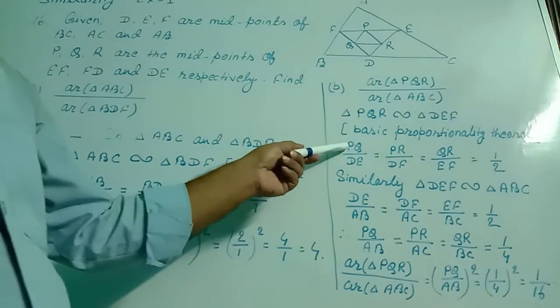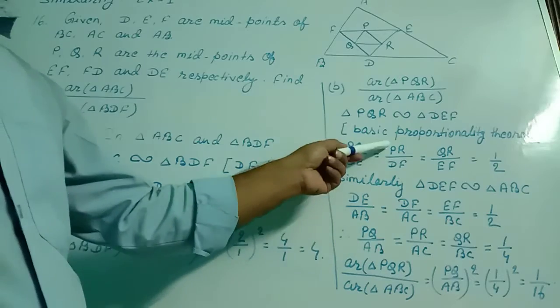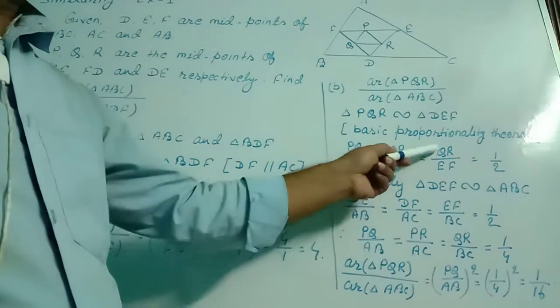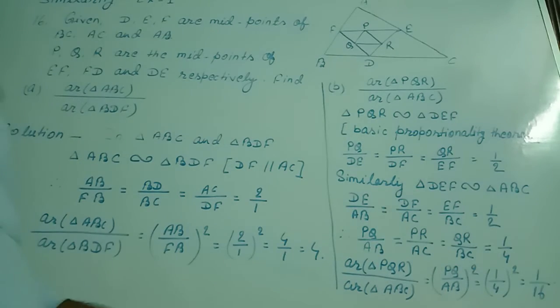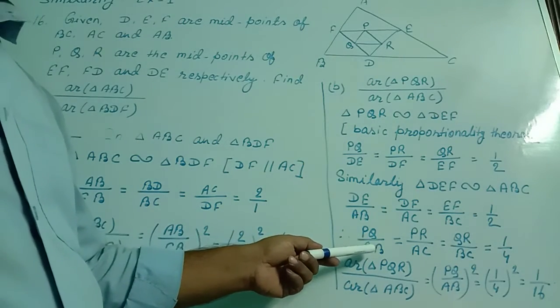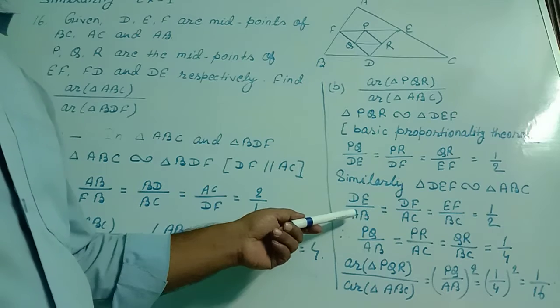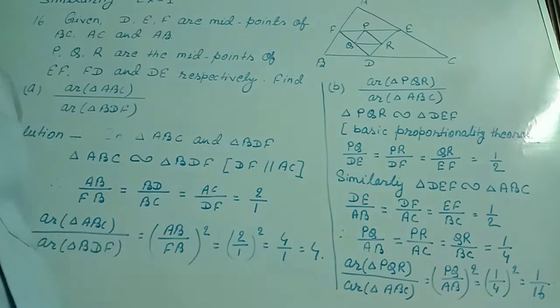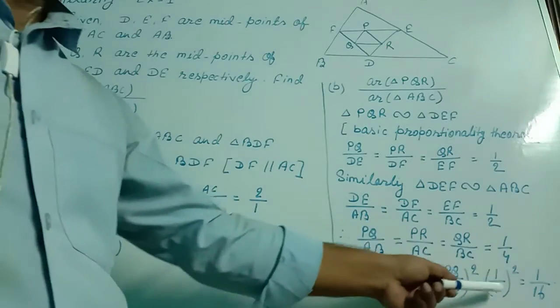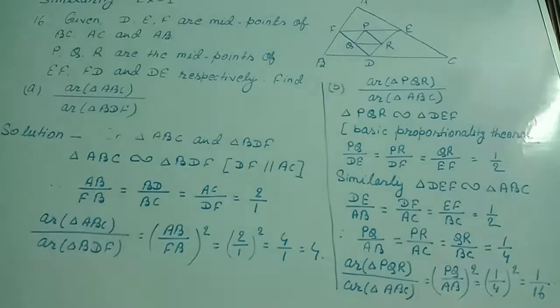Now if we use PQ by AB, PR by AC and QR by BC, that will be equal to 1 by 4, and then area of triangle PQR by area of triangle ABC equal to PQ by AB whole square, that is equal to 1 by 4 whole square equal to 1 by 16.